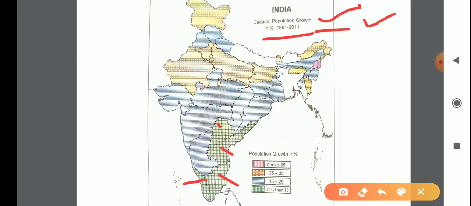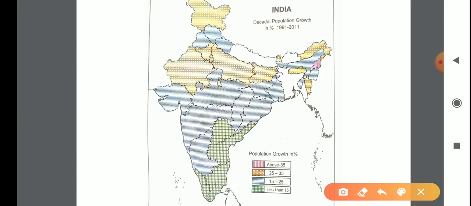Then we have the blue part, which is about the medium growth rate, like Maharashtra, MP, Gujarat, Karnataka, Chhattisgarh, Orissa, Jharkhand and West Bengal, and others are also Punjab, Himachal Pradesh, Uttarakhand, Assam, Nagaland and Tripura. These are about medium growth rate of population in India.